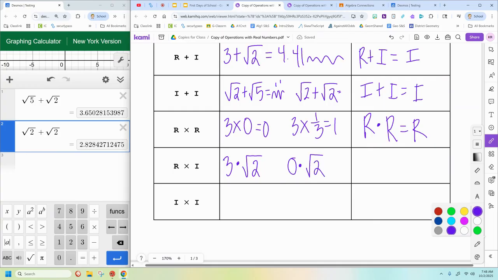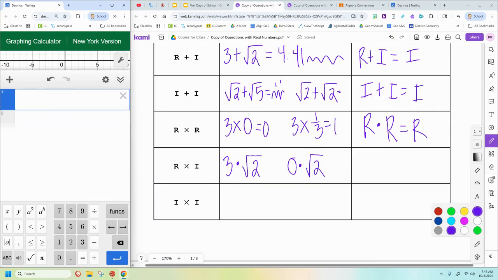And let's see what we get. Let me X this out and X that out. All right, so 3 times radical 2. That one's ugly.